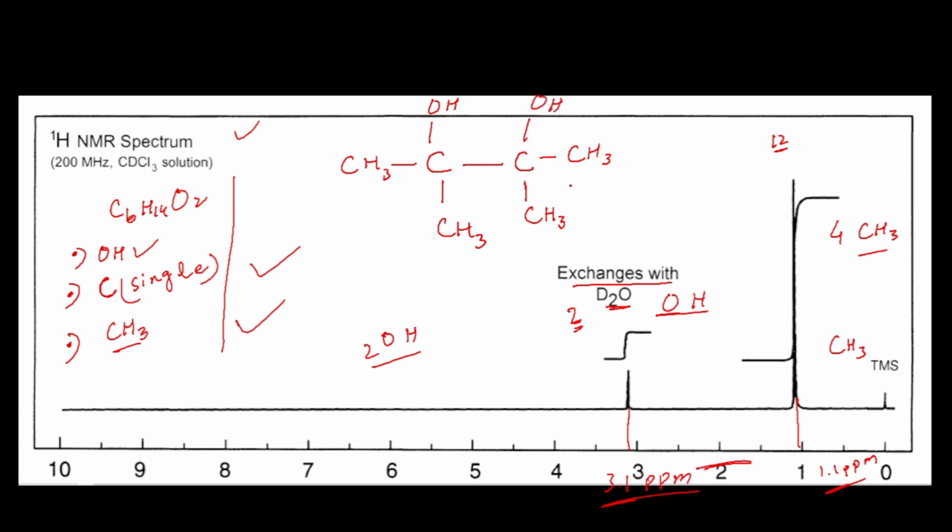So this is your elucidated structure that you get from the proton NMR and the C13 NMR spectrum. If you see here, this is the structure of the first carbon, second carbon, third and the fourth carbon atoms, and here it means that this is 2,3-dimethylbutane-2,3-diol, and this is also called Pinacol.